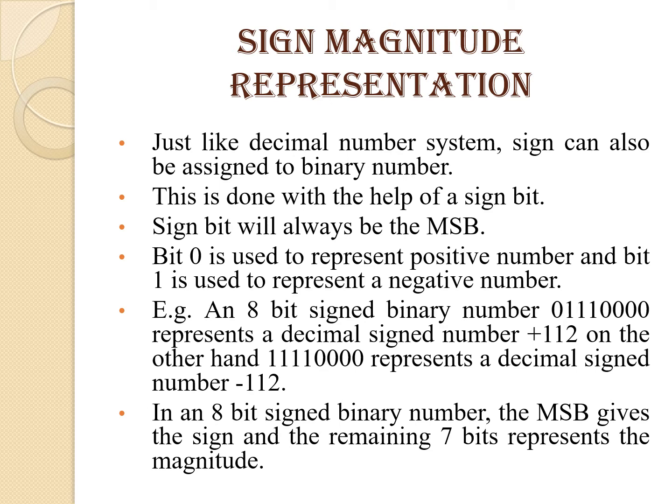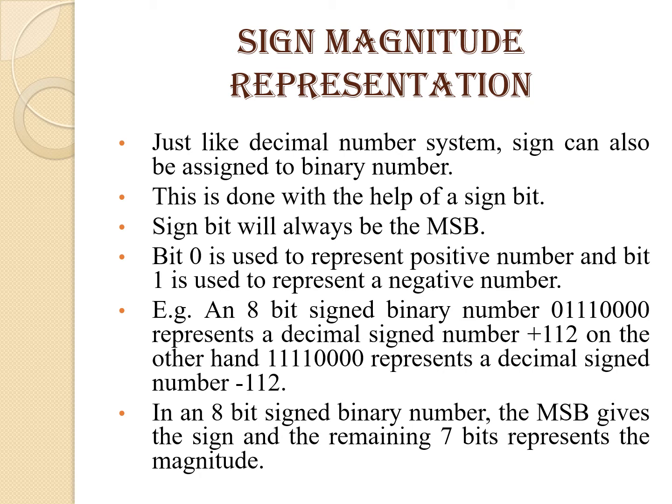For example, an 8-bit signed binary number 01110000 represents a decimal signed number plus 112. On the other hand, 11110000 represents a decimal signed number minus 112.